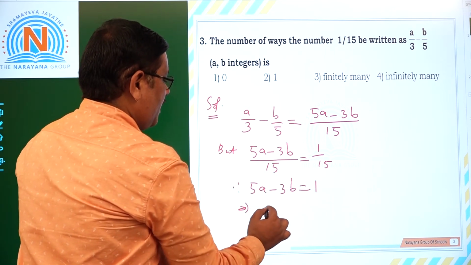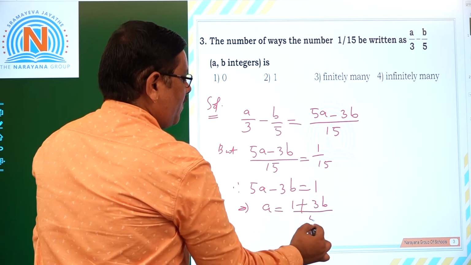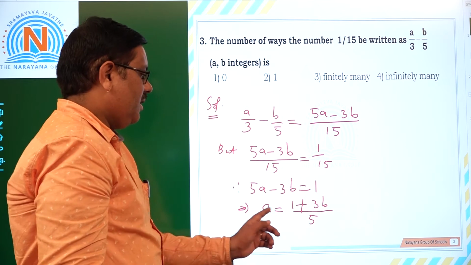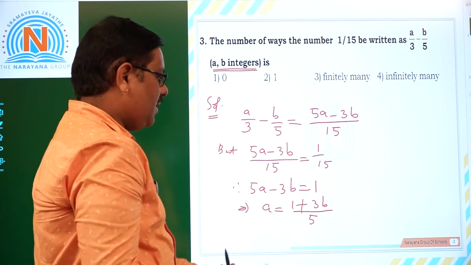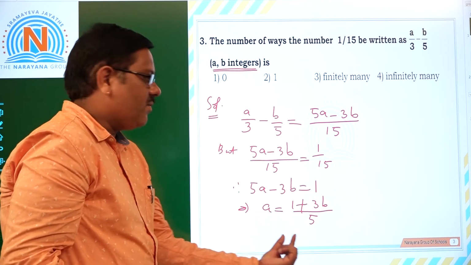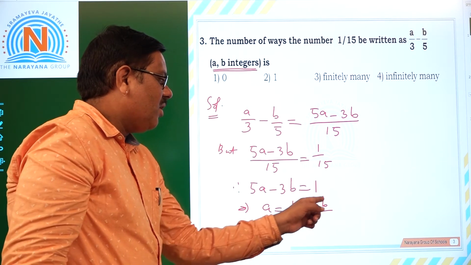That implies a is equal to (1 plus 3b) by 5. Okay? a is (1 plus 3b) by 5. Here he is saying that a and b are integers. Means to get a as an integer, we have to choose such a b in such a way that 1 plus 3b is a multiple of 5.